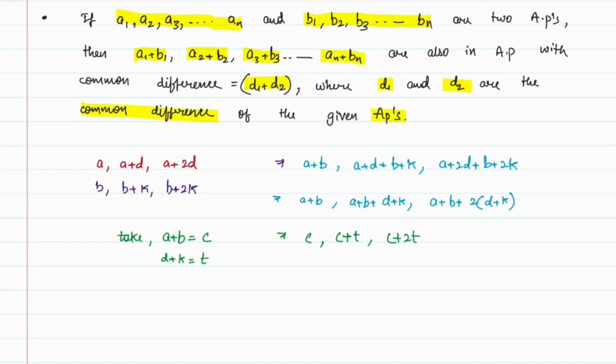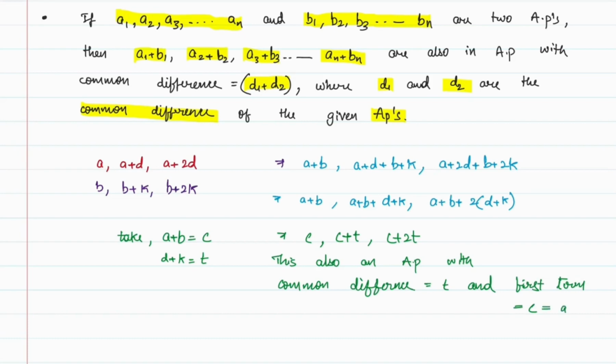Here you can see that this is also an AP with common difference equal to t, and first term c, that is equal to a plus b, and the common difference equal to d plus k, where d and k are the common differences of the initially taken arithmetic progressions.